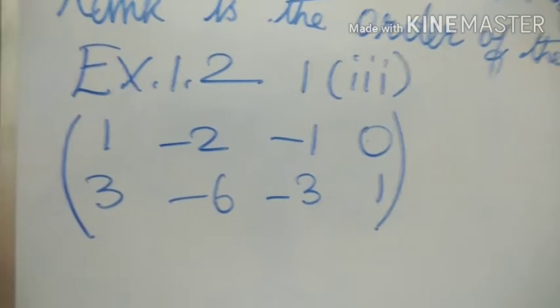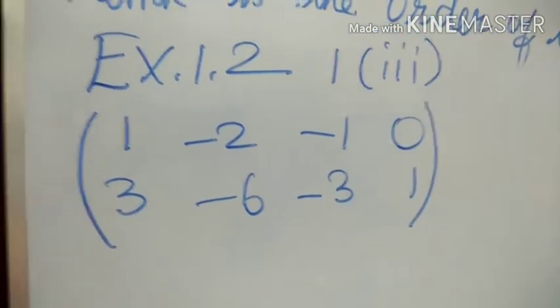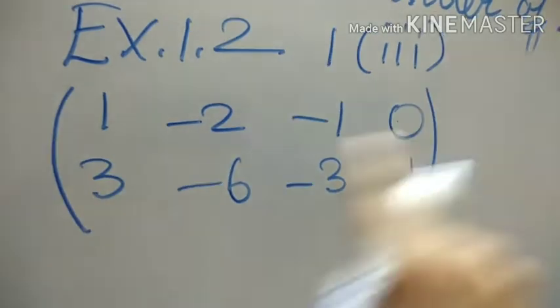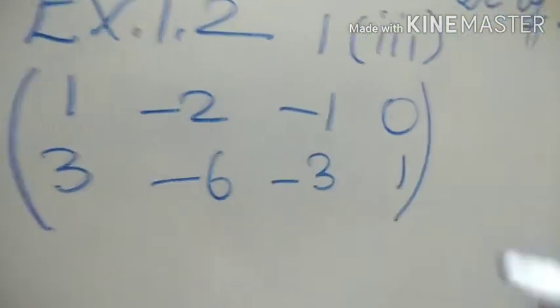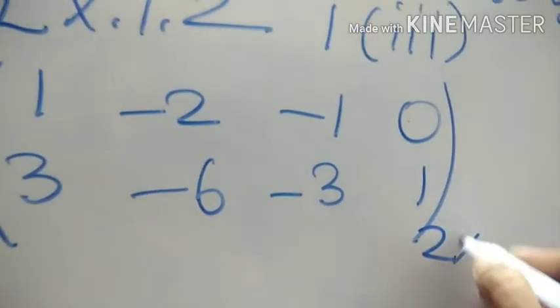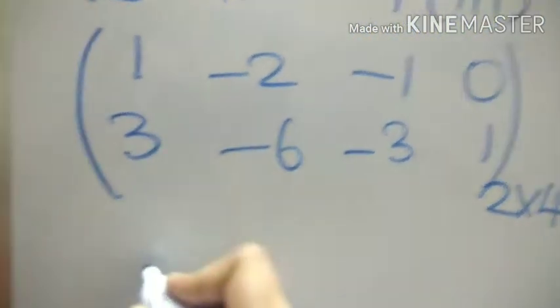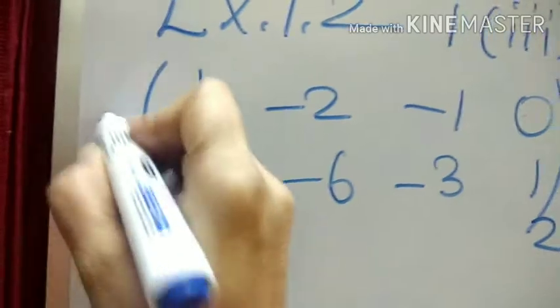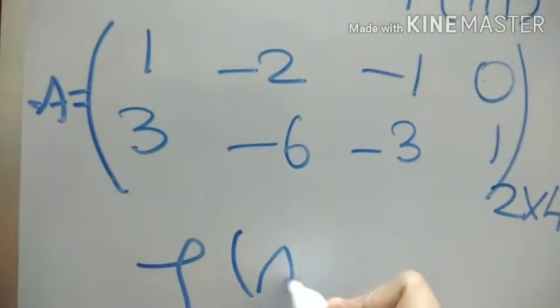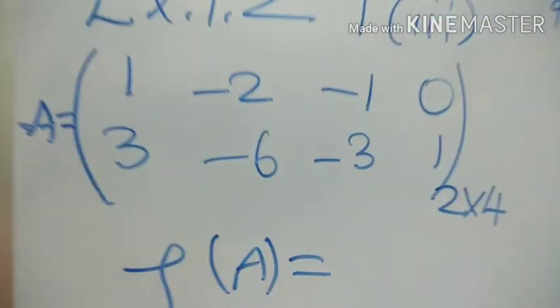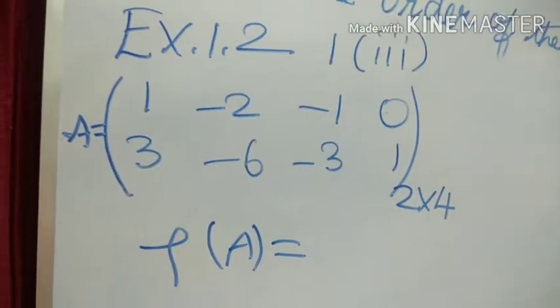Exercise 1.2, first one, third subsection. Here we are given a matrix wherein there are 2 rows and 4 columns. So we write the order as 2 by 4. What would be the rank of this matrix? Supposing I call this the A matrix. The rank of A will be, can it be 4? What do you mean by the rank? Non-vanishing minor.